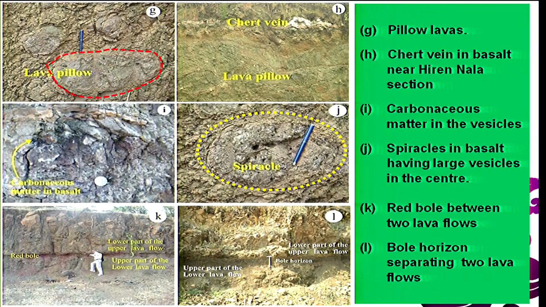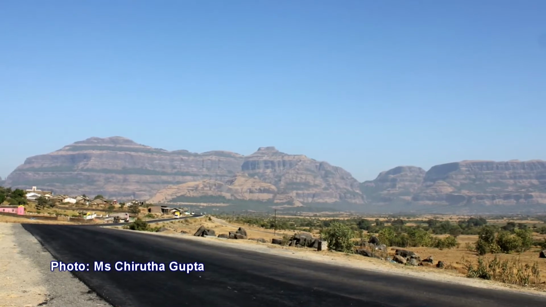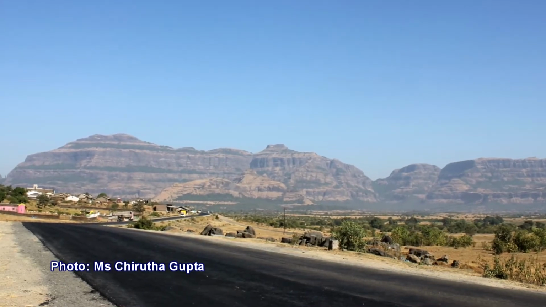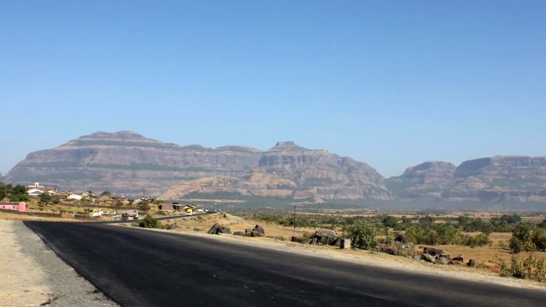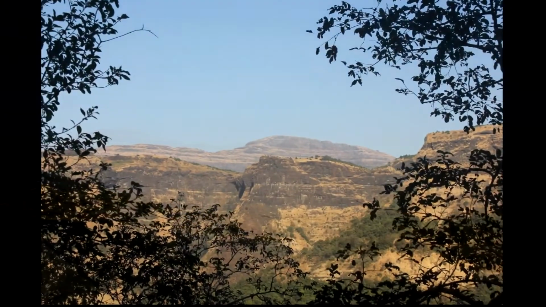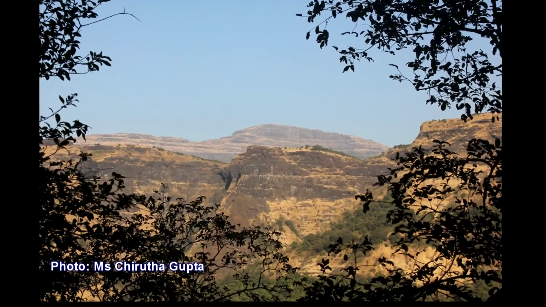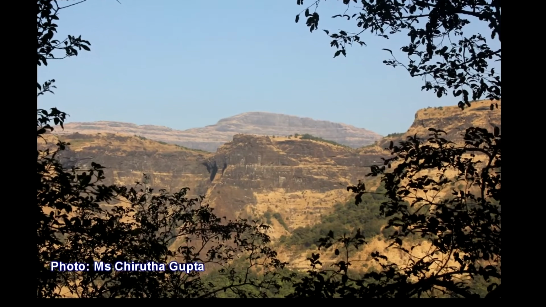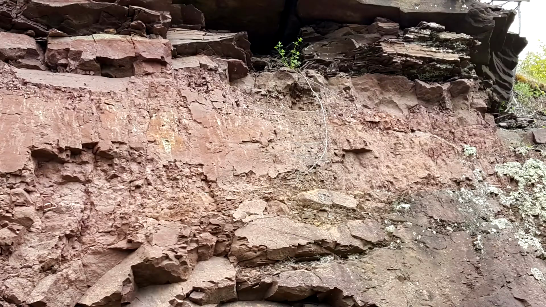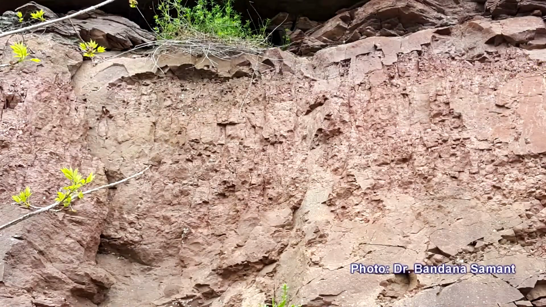See here, important thing, I have already told you the entire activity has taken place in phases after a certain time gap. A time gap is always there. It is not hypothetical, but it is evidenced by the presence of paleosols. Paleosols means ancient soils.